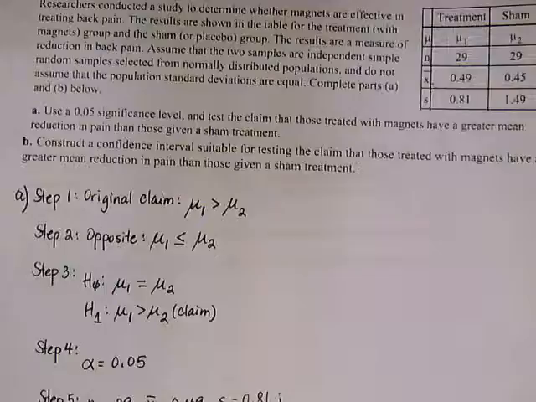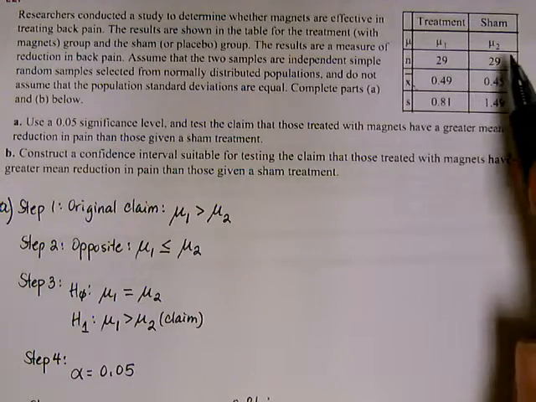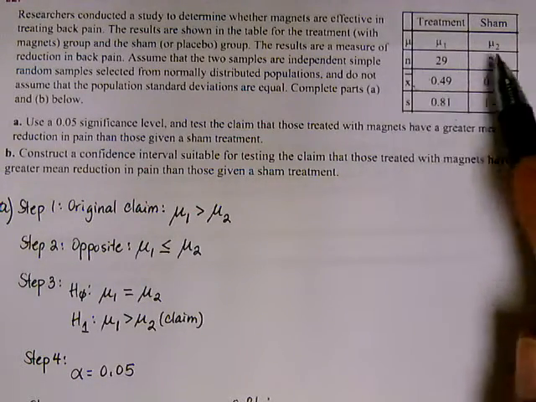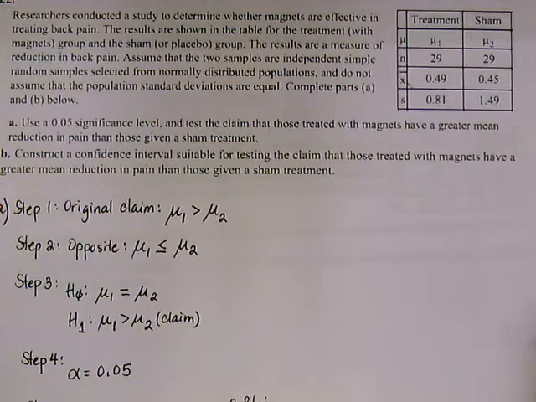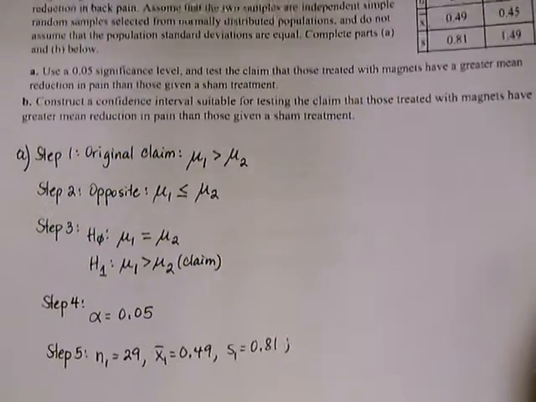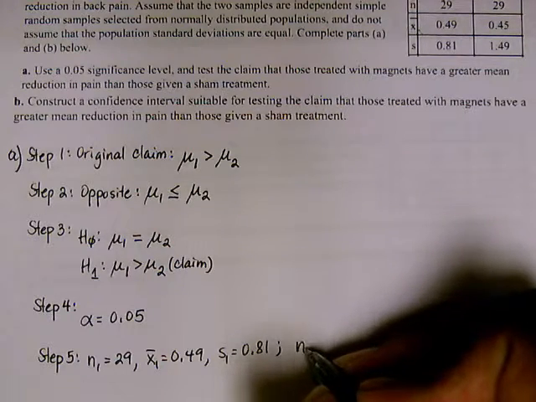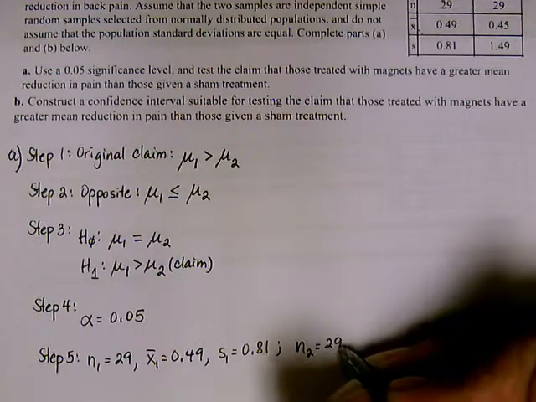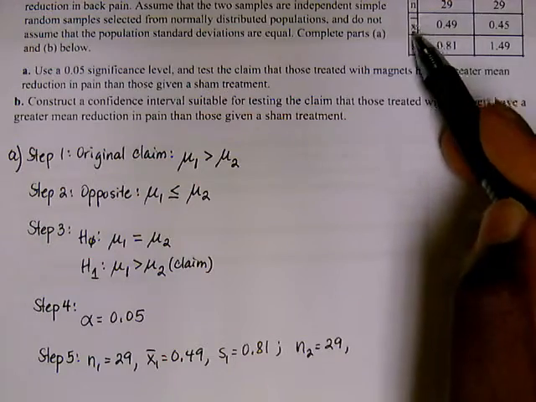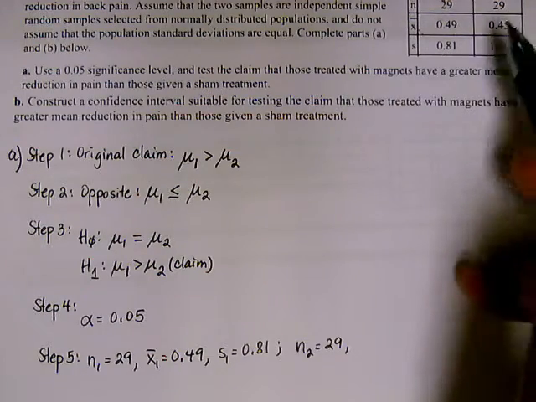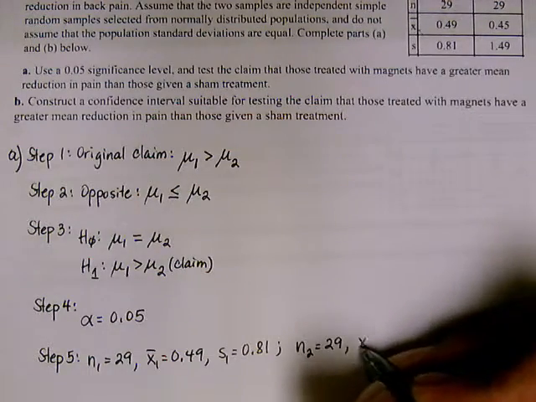Okay, now the sham treatment is represented by mu sub 2. So N2, the sample size of the second, is 29. And X bar 2 has to be 0.45.